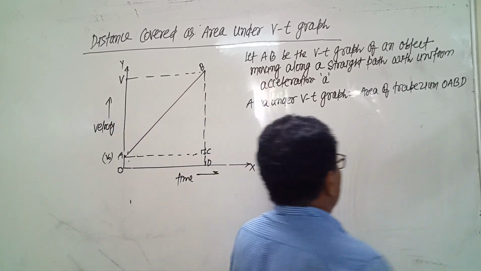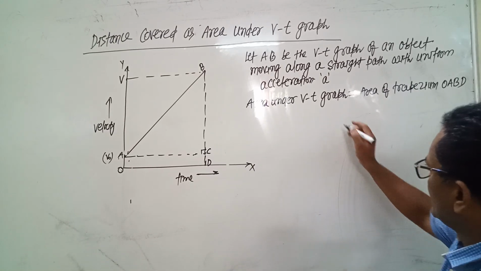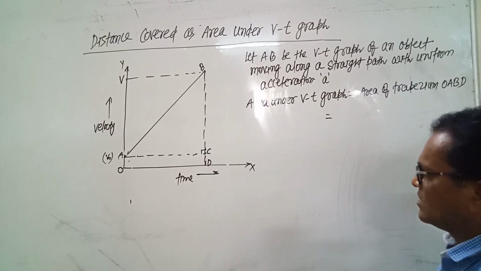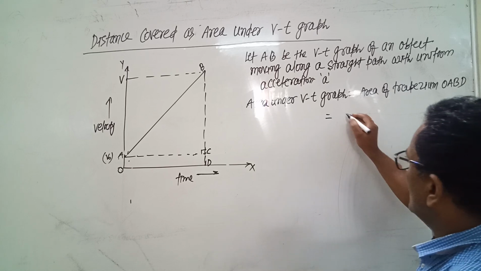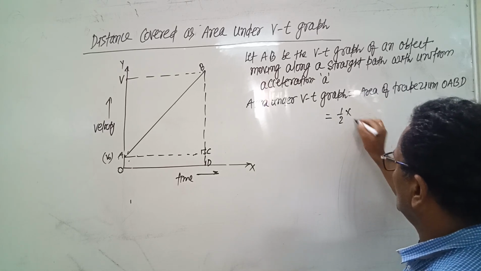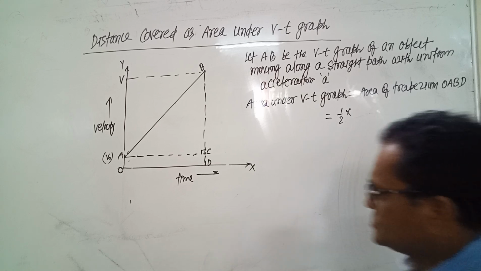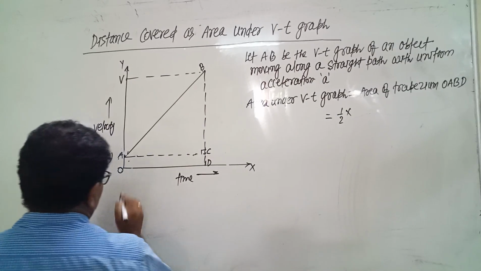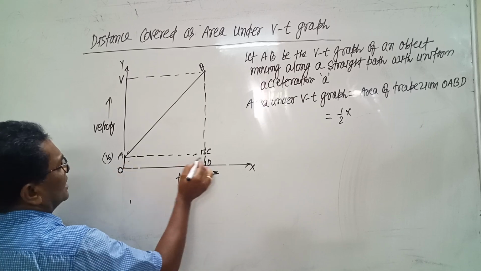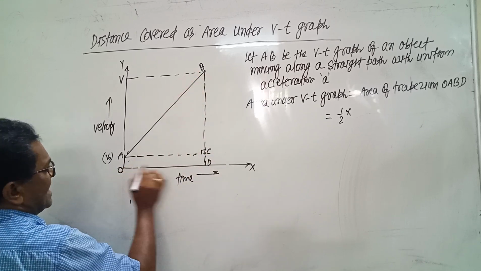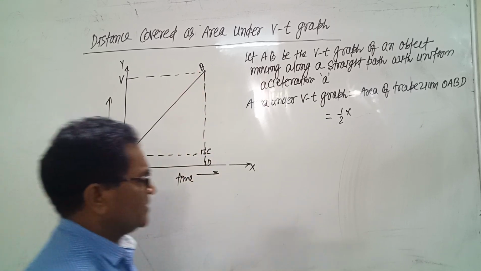So we will find the area of trapezium OABD. The formula for the area of a trapezium is half into height into the sum of parallel sides. The two parallel sides are OA and BD, and the height is taken as OD.